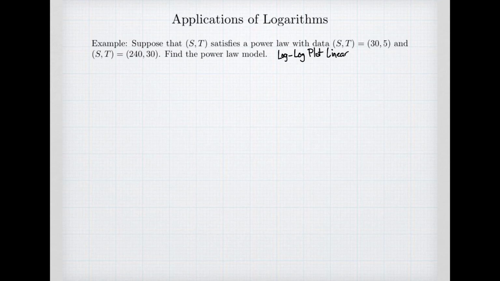Okay? So what we're going to do is create transformed data. So u is going to be the transformed variable s, and v is the transformed variable t.